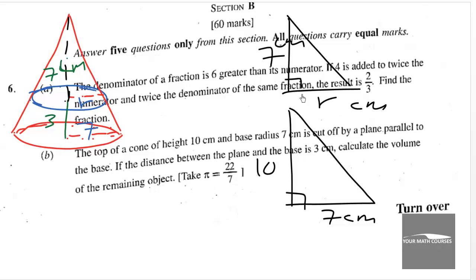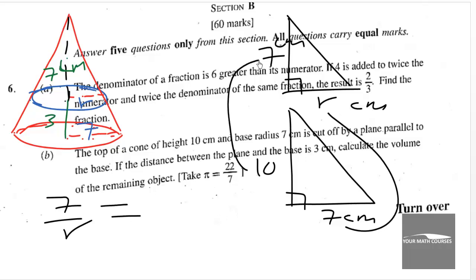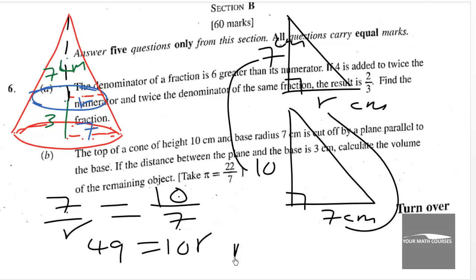So we can find the value of r. 7 over r, this over this, should be equal to this over this, 10 over 7. So 7 times 7 will be 49, equal to 10 times r, which is 10r. So r will be equal to 49 over 10, which is 4.9 centimeters.